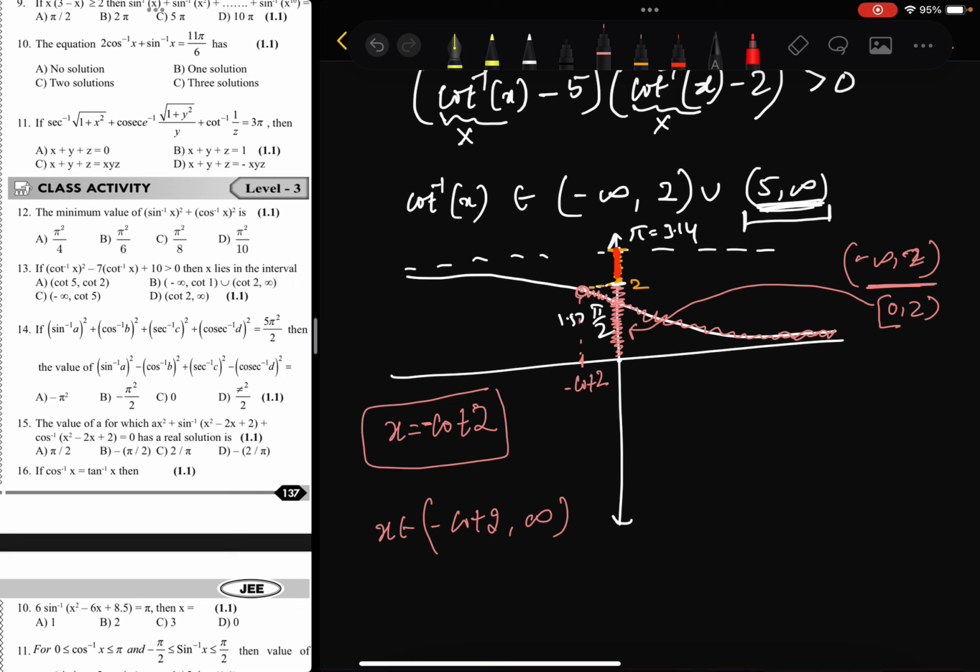But here we are getting positive cot 2, and for cot 0 and cot pi we are getting negative. Let me think once again.